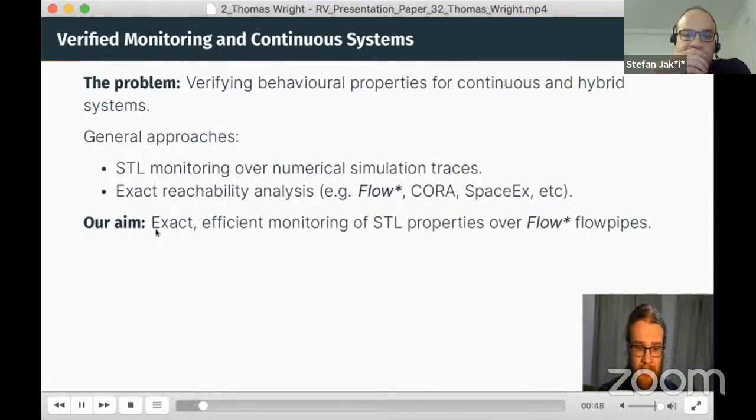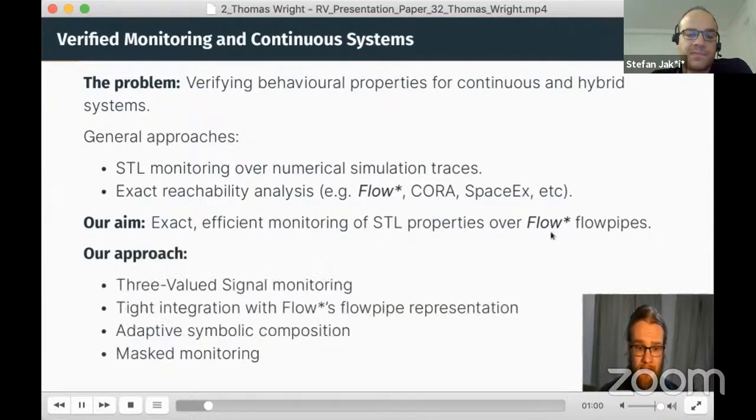Our aim is to work on a combination of these two approaches, which produces exact formal verification results for STL properties using FlowStar flow pipes.